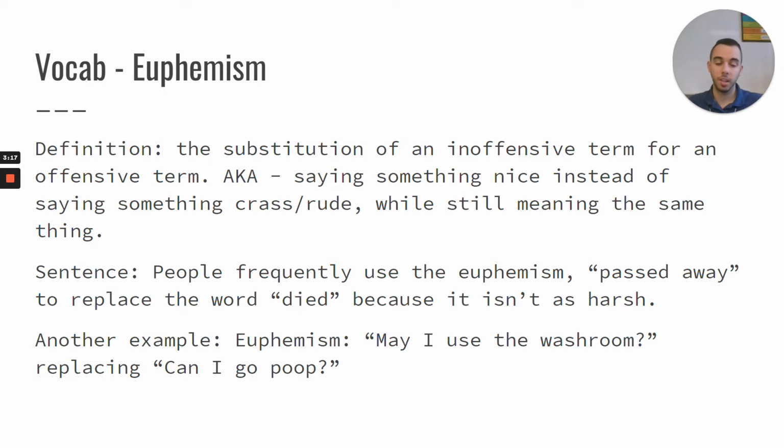Another example. When you guys ask, may I use the bathroom? Can I go use the washroom? That is a euphemism for can I go poop or can I go pee? That's the most basic, most blunt way of asking it, but kind of crass, very straightforward, and it would probably be a little embarrassing too. So we use the euphemism, can I go use the bathroom?